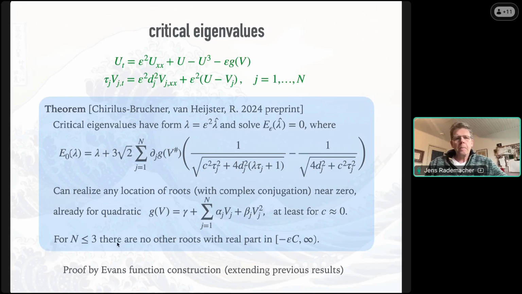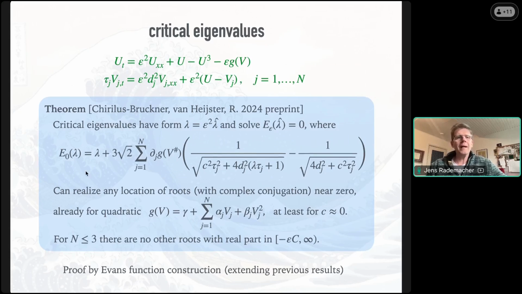Okay, now comes the caveat. The caveat of this is that we don't have this completely under control yet. I'm optimistic that we will be able to do this in general, but when n is strictly larger than 3, then we do not really know what happens in terms of other eigenvalues than those that we have under control here.